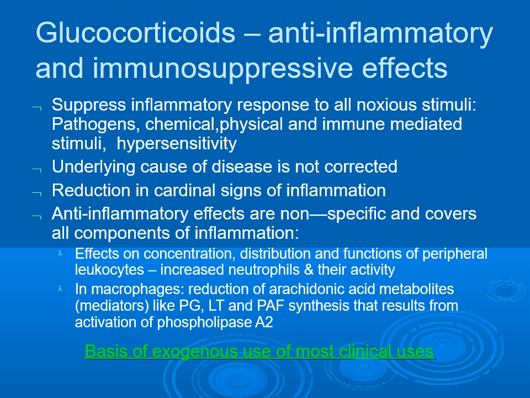In macrophages, they reduce arachidonic acid mediators like prostaglandins, leukotrienes and platelet activating factors that result from activation of phospholipase A2, and these effects are the basis of exogenous use of glucocorticoids in clinical situations. And in the current pandemic situation, there is a role of glucocorticoids in infection due to COVID-19.